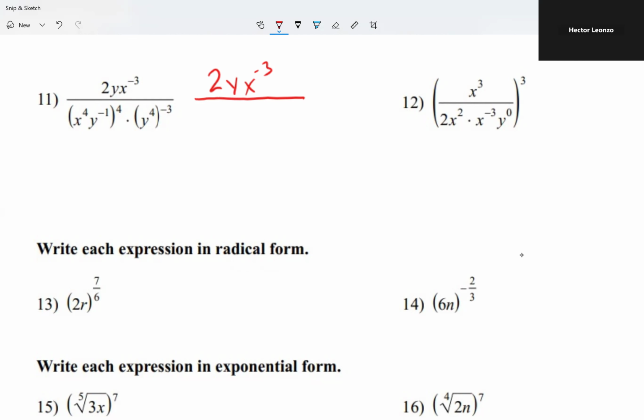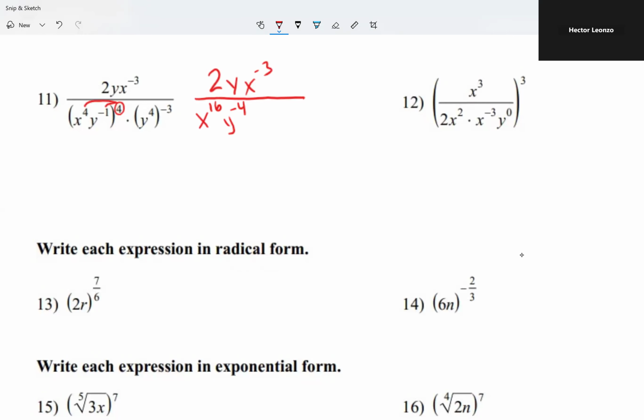On the first parentheses, the 4, I'm going to multiply to every exponent on the inside. Everything on the inside has to have an exponent. So multiply the exponent on the outside to the exponent on the inside. I'm going to have x to the 16th, y to the negative 4.